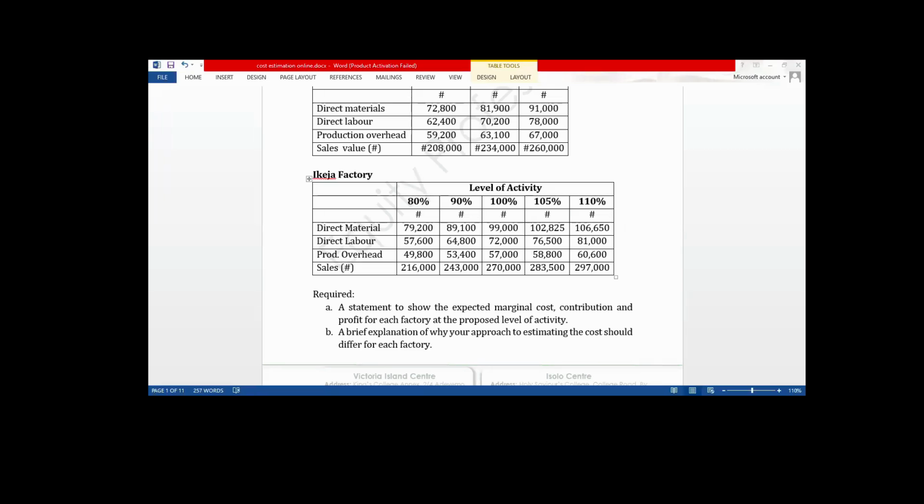All right. According to Alexia, marginal cost is the variable cost incurred. Fine. Any other opinion? Thank you, Alexia.